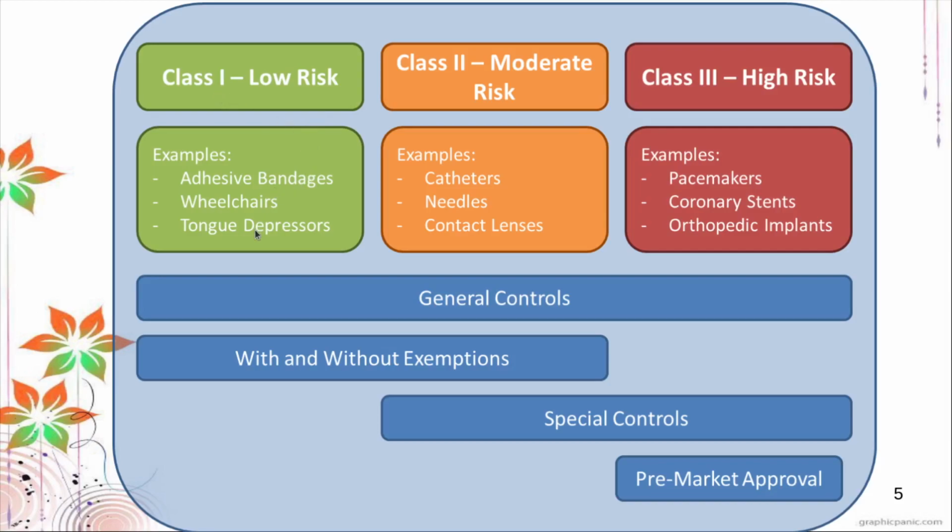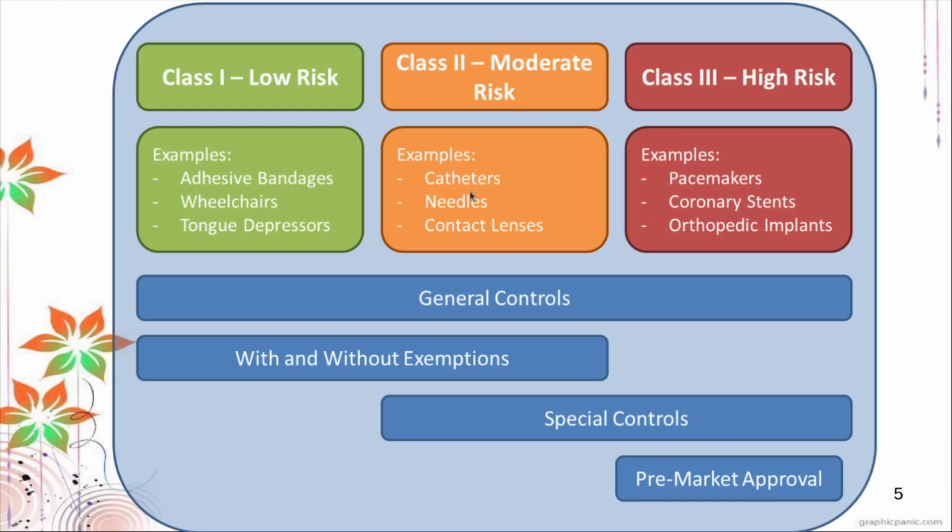For the low risk, some examples here are adhesive bandages, band-aids, for example, wheelchairs that are not powered, and tongue depressors, which are basically popsicle sticks used when the doctor is checking you. So these are low risk devices. They present very minimal danger to the patient.